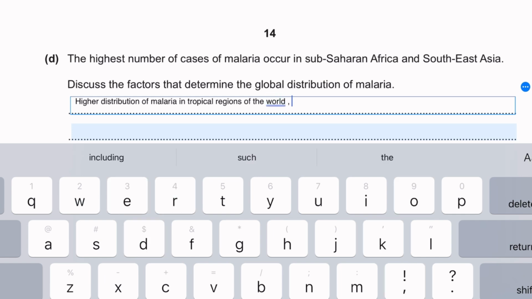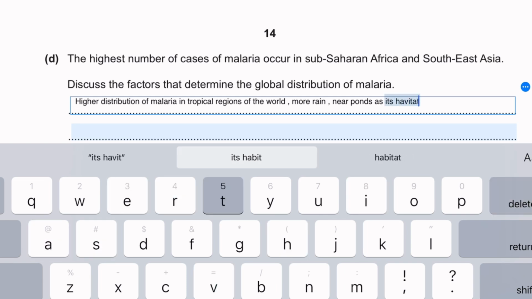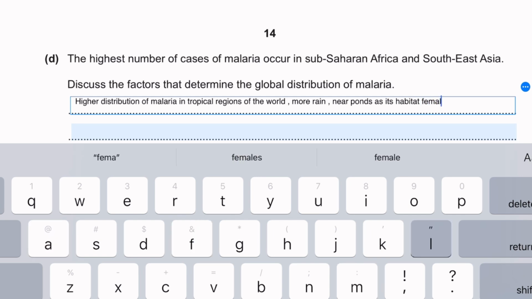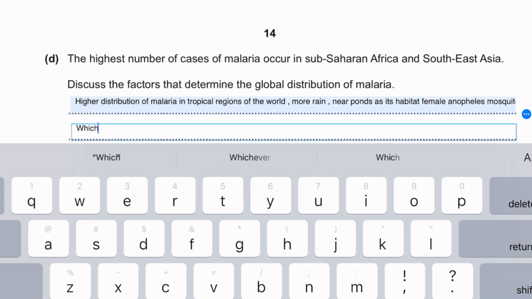More tropical regions where there's more rain, near ponds, for example, as it's the habitat of the female Anopheles mosquito, who happens to be our vector of the day, which is the vector for malaria.